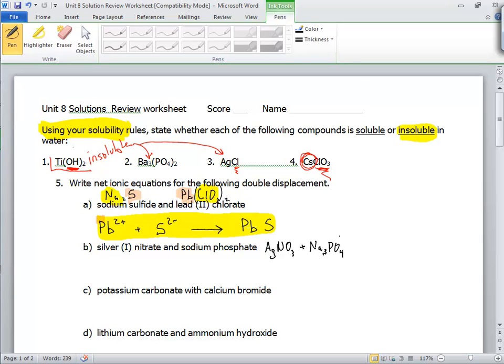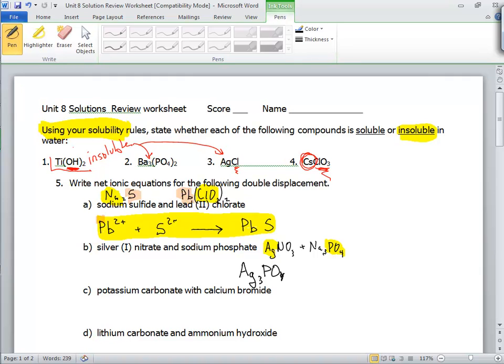So we have these ions. Let's check to see if we take silver and phosphate, will that form something that is not soluble? Yes, it does. It forms silver, Ag, which is +1, and phosphate, which is -3.